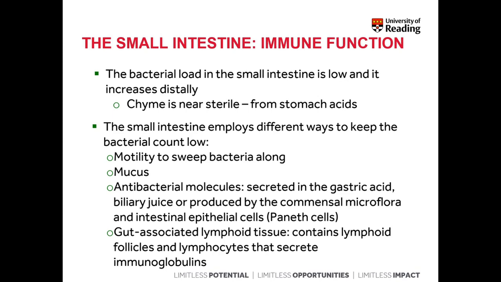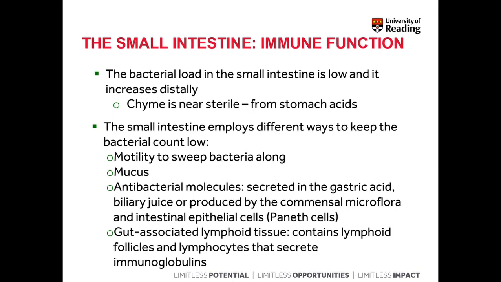The problem is that when the chyme enters the small intestine, the neutralization of the acidic pH due to the bicarbonate will lead, along the length of the small intestine, to a progressive increase in pH until close to neutrality. So that increases the risk for bacteria to grow.